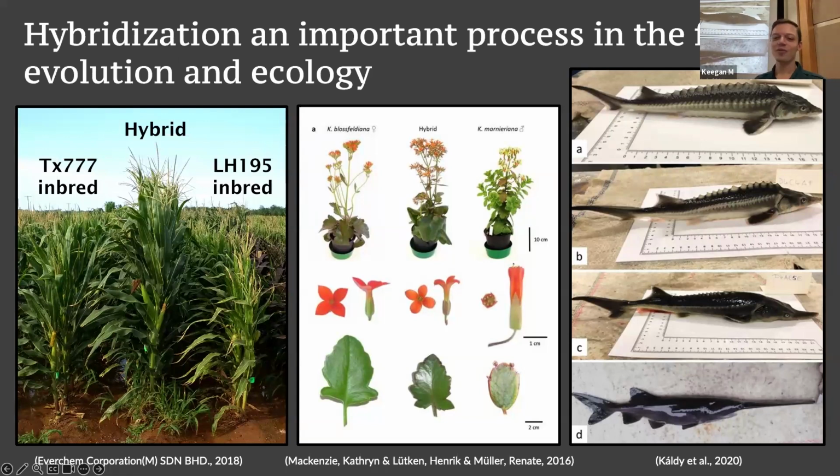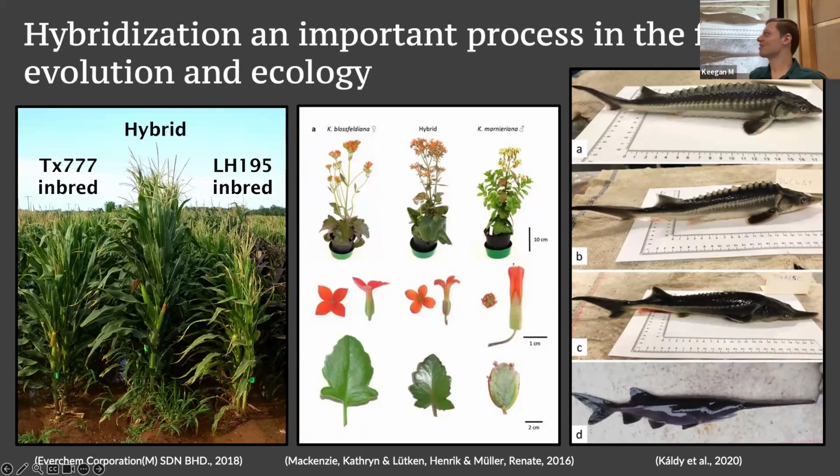Hybridization, or interbreeding across genetically distinct lineages, can be frequently observed in many groups of organisms, including animals, bacteria, fungi, and plants. It's especially common in fish and in flowering plants, and is estimated to occur in up to 25% of angiosperm species.